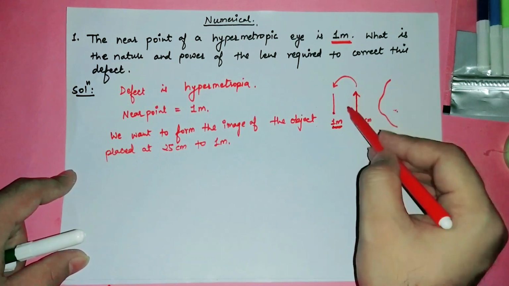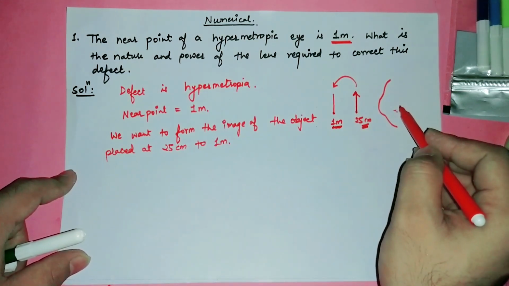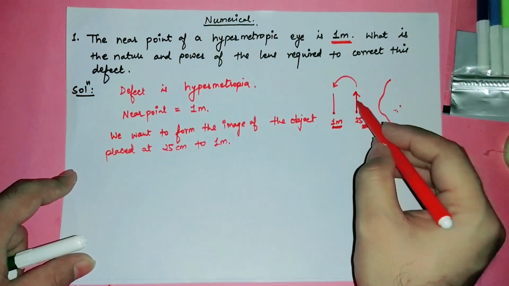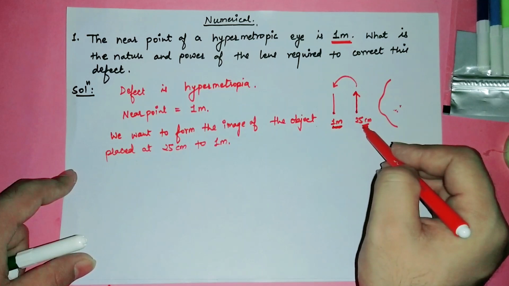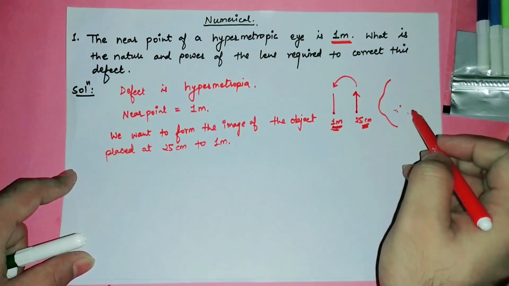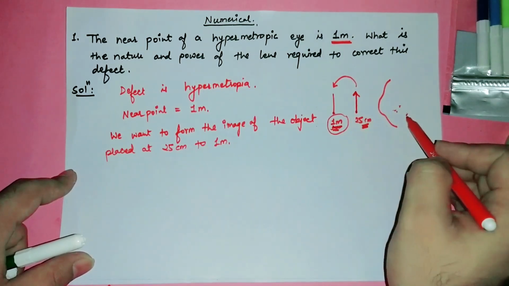Suppose a box is placed at 25 centimeters, this eye can't see it. But if we form the image of this box at 1 meter, now the box will be visible to this eye.